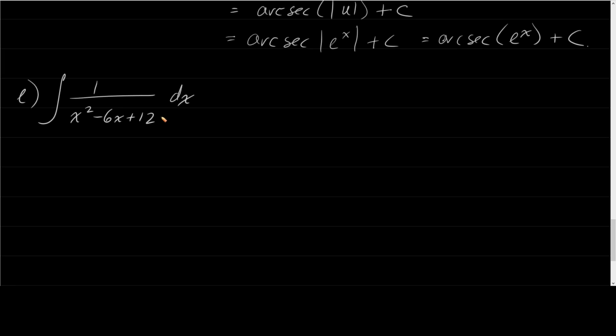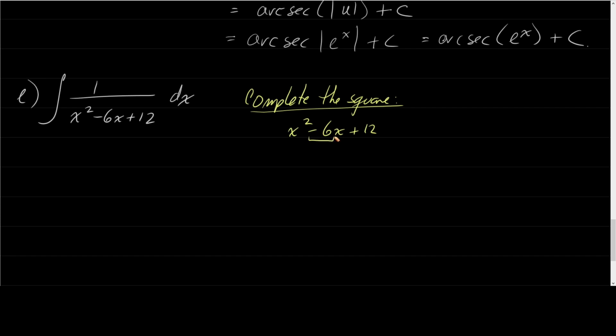So let's do something called completing the square. So here's what we've got: x squared minus 6x plus 12. I'm going to complete the square on that. Well, how do we complete the square?